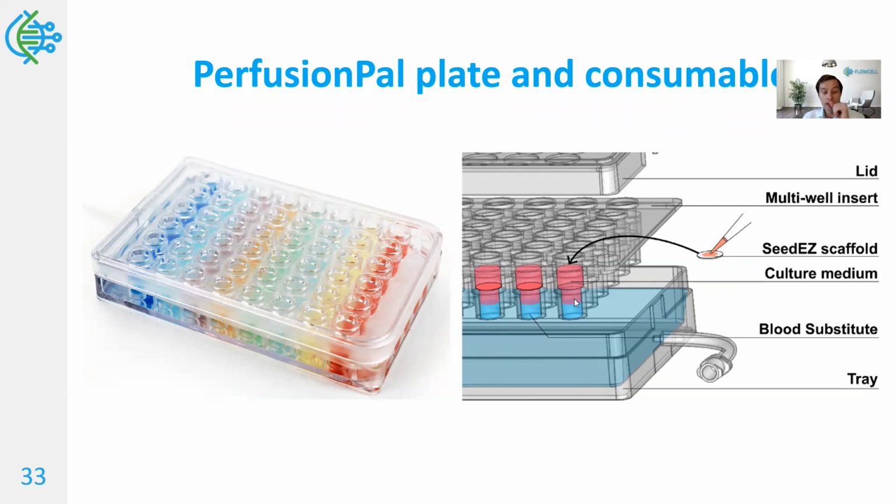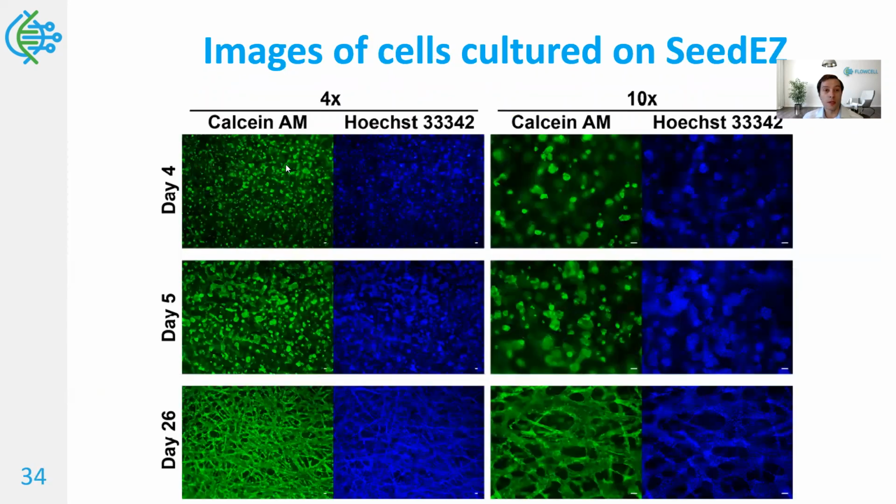It's merely acting as a liquid and oxygenating piston as it moves media through the SeedEZ scaffold, which is 0.5 millimeter thick, with very fine fibers, which I'll show you next, that house the cells.